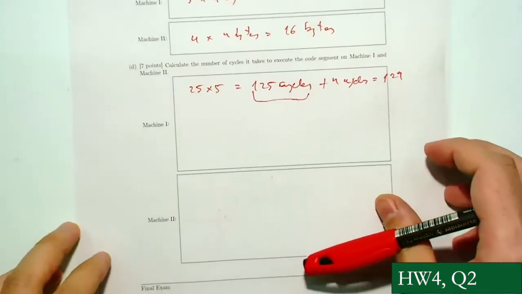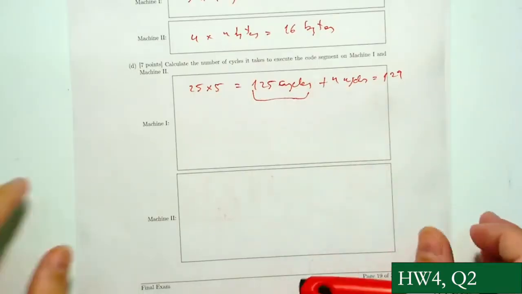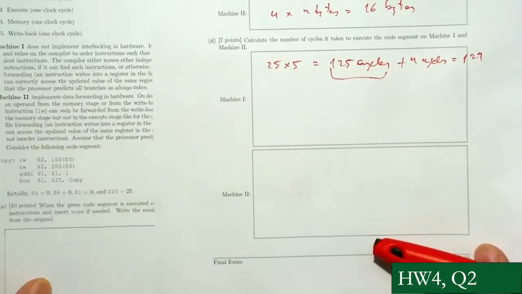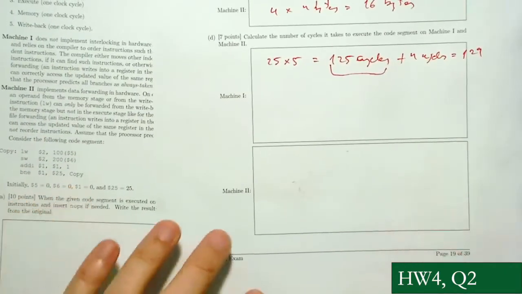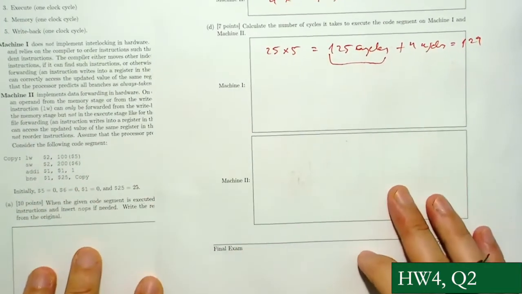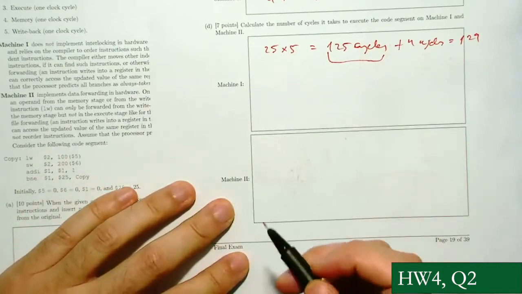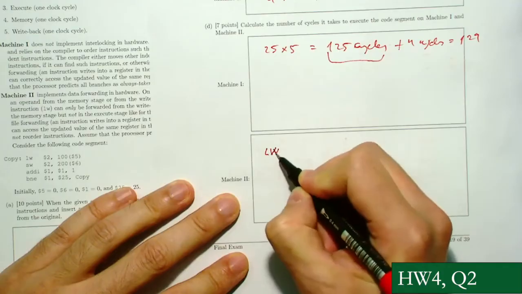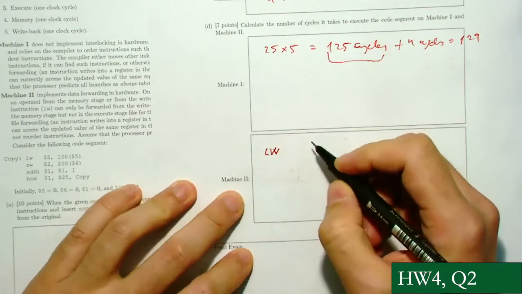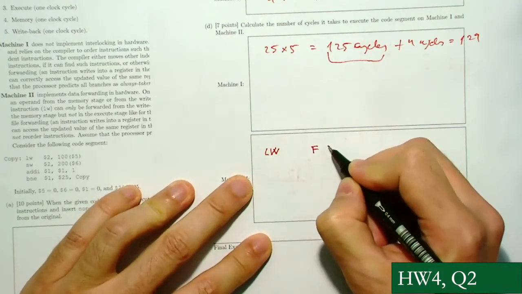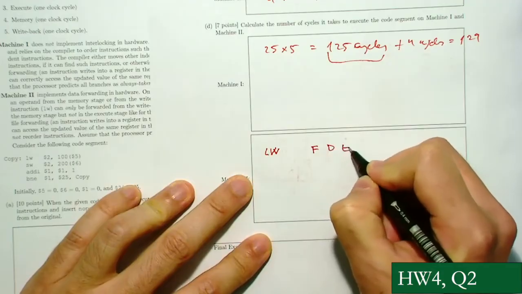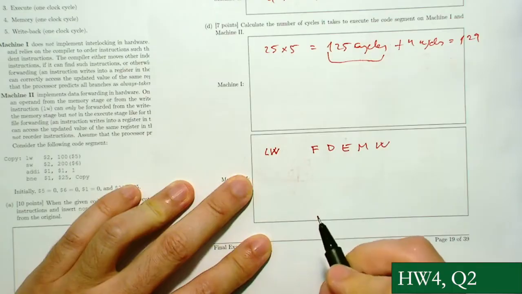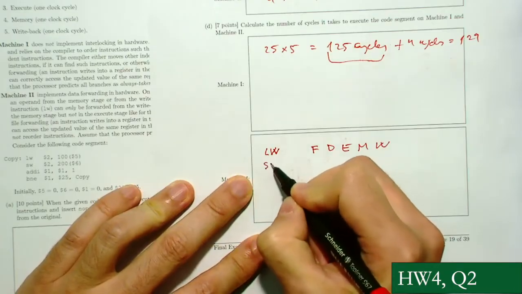So for machine 2, okay. For machine 2, we have this code. So we have first the load, that is fetch the code, execute, memory, write back. Then we have the store.